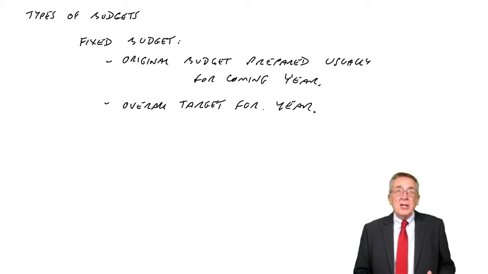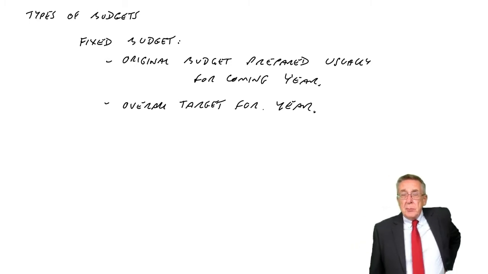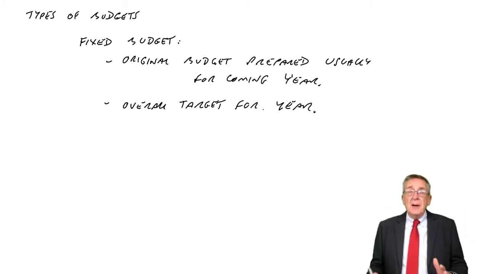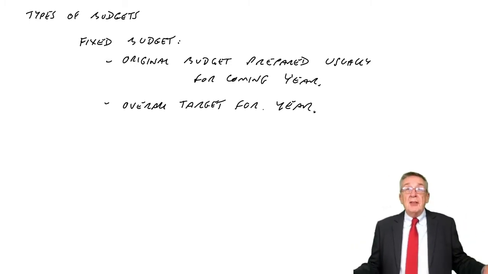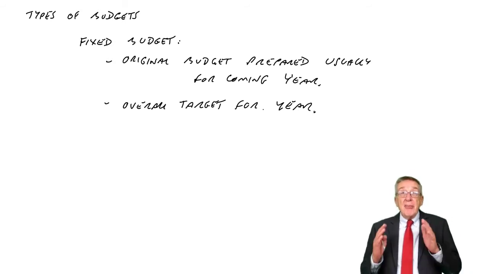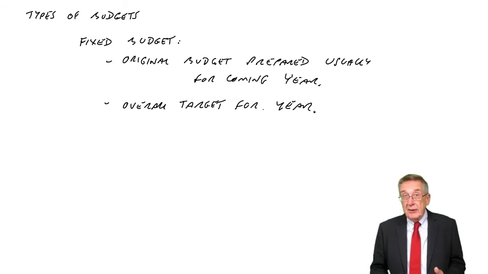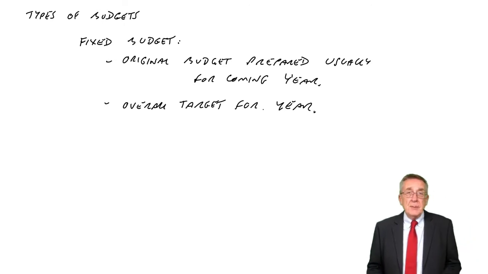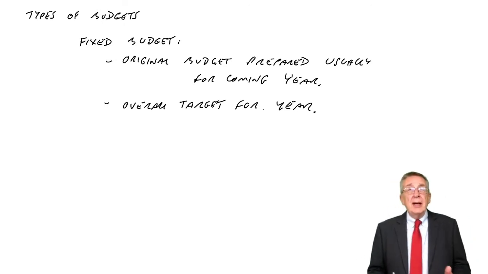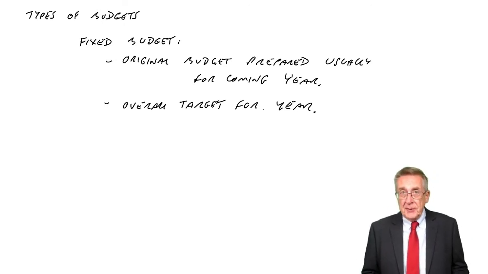If we've done all our budgets and prepared a budgeted statement of profit or loss, and we've budgeted on a profit of 100,000, well, fine, that is our target for the year. Whatever happens, we want to make sure we find ways of making at least 100,000.